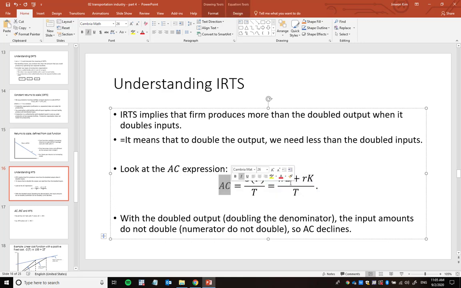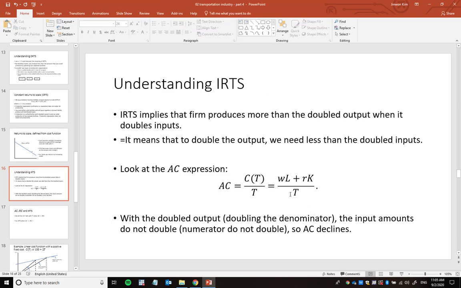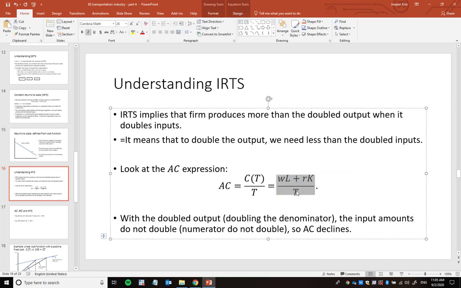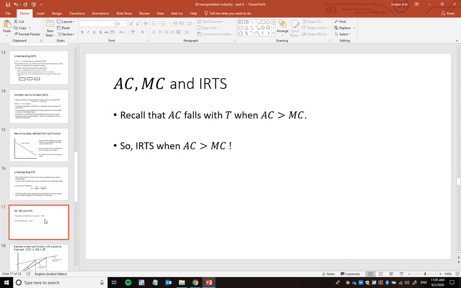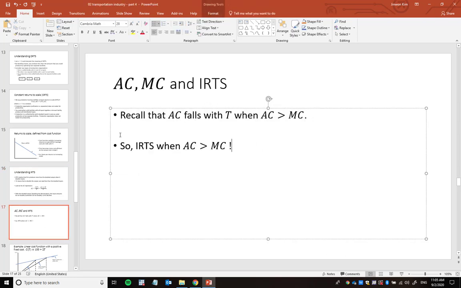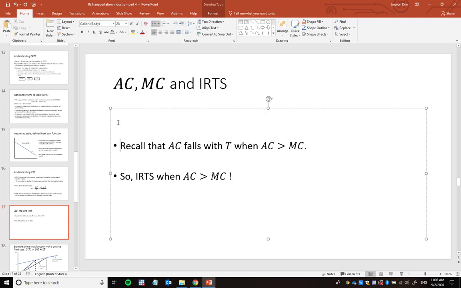That's why this average cost is diminishing: when the denominator goes up by double, the numerator goes up by less than double. So that's why average cost is going down as t is larger. Does it make sense? So record that. In this way, AC goes down as t is larger, then we say that this is IRTS.